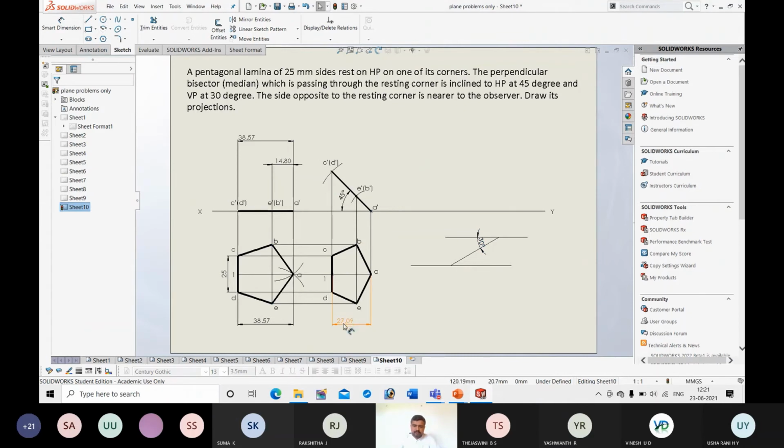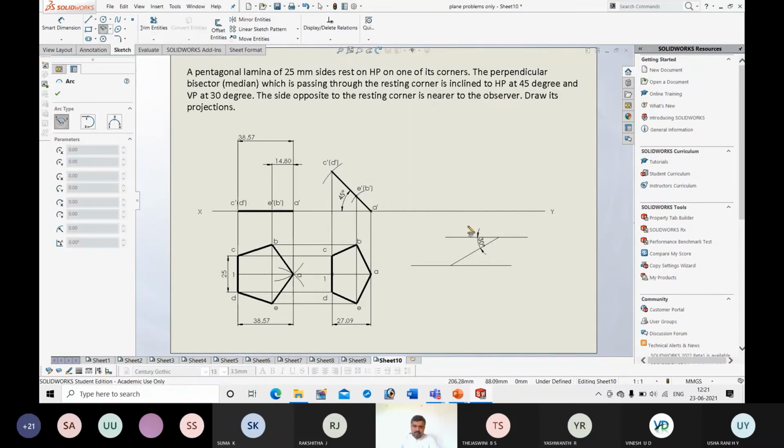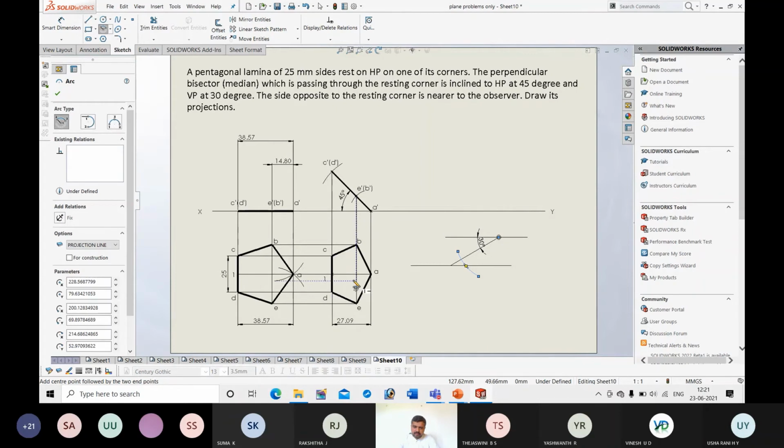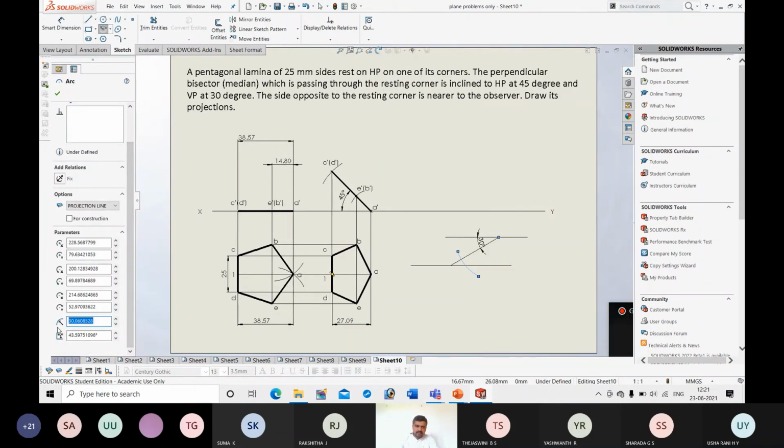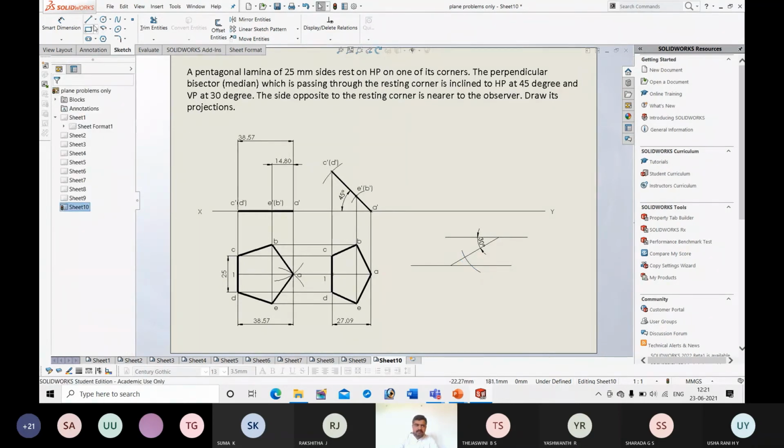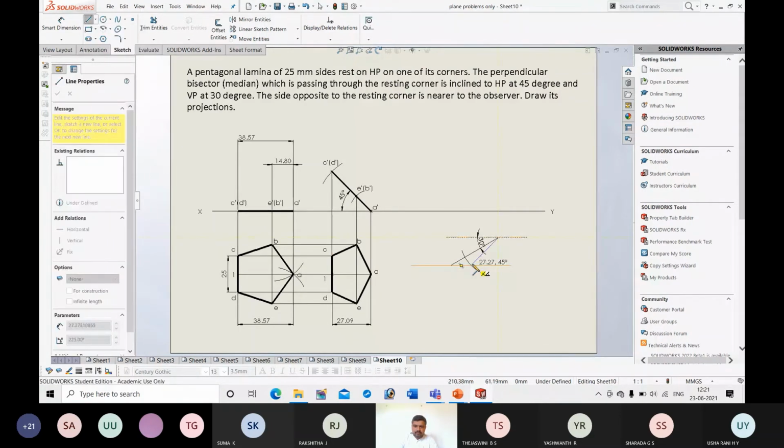Next, I don't know the false inclination, but I know the false length. This is point A. So this is the center, and the length of the perpendicular bisector in the second top view, that is 27.09, as radius. I will cut an arc. Next, I will connect A and this point.